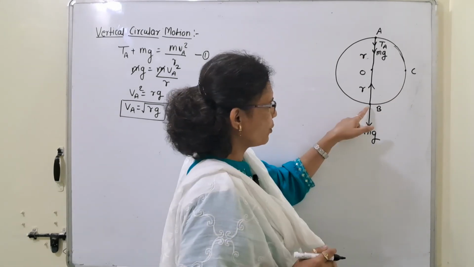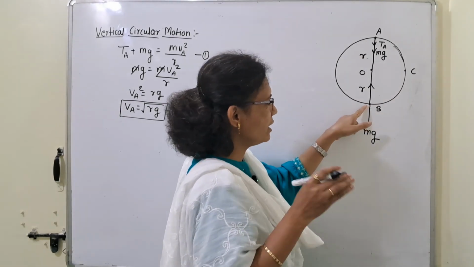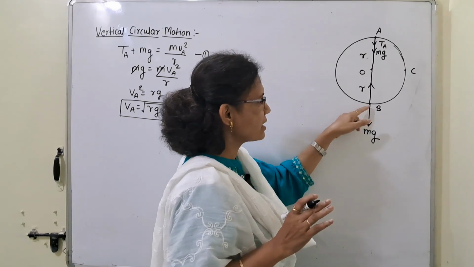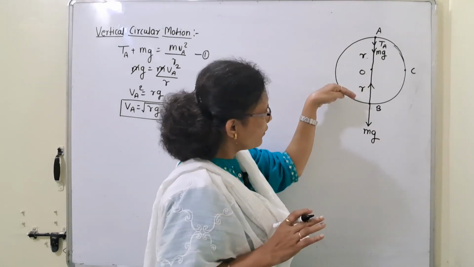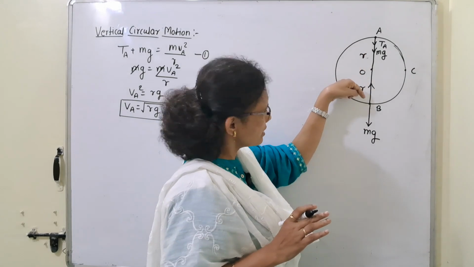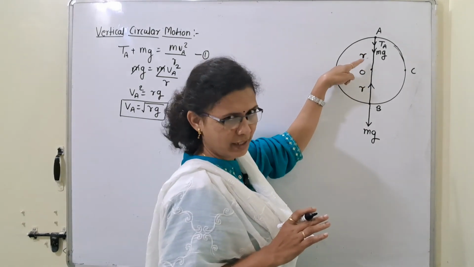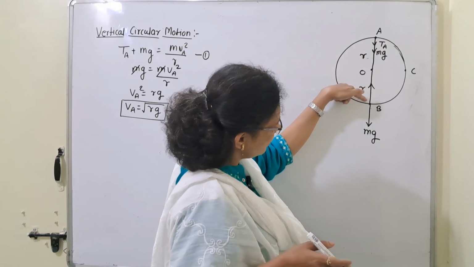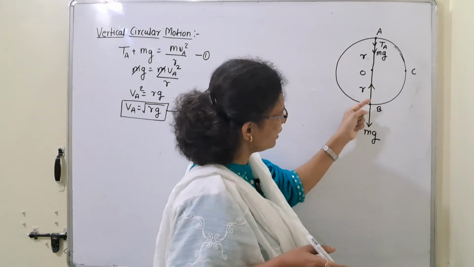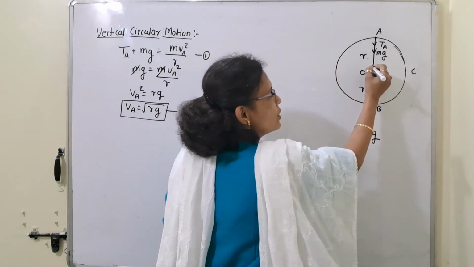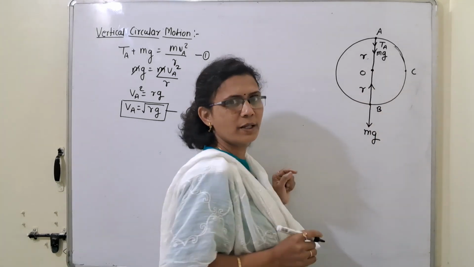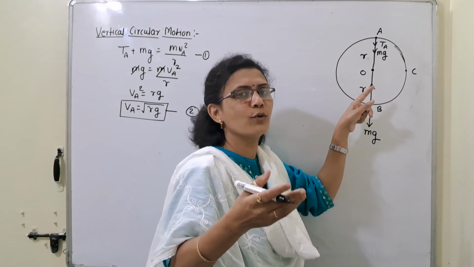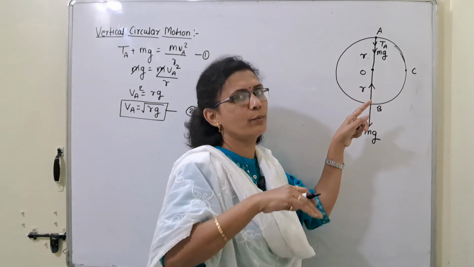This body is present at position B, and away from the body means towards the string, upward direction, towards the center of this circular path.